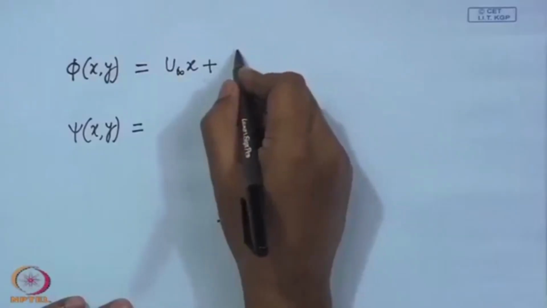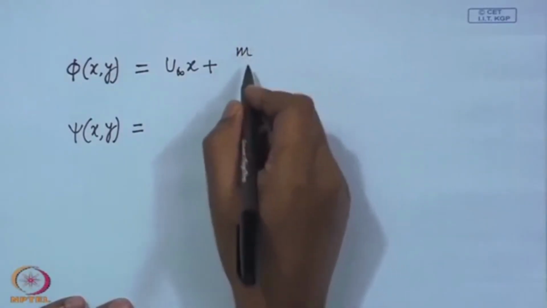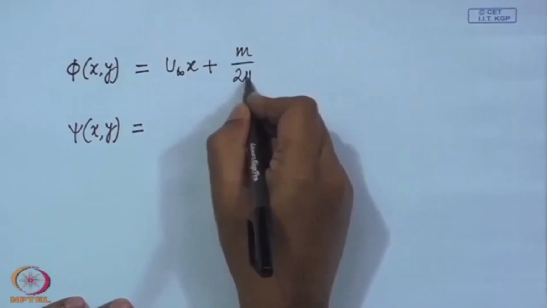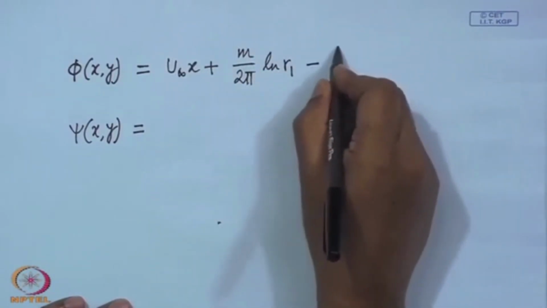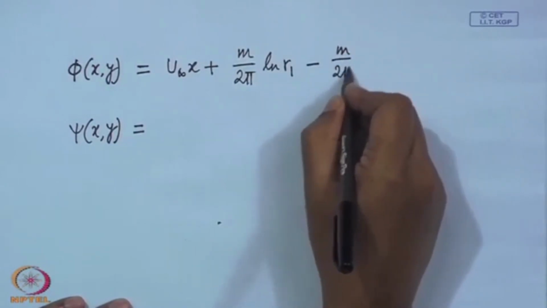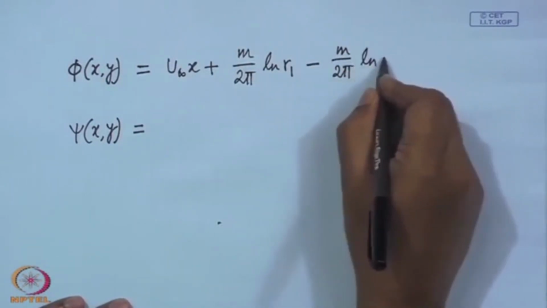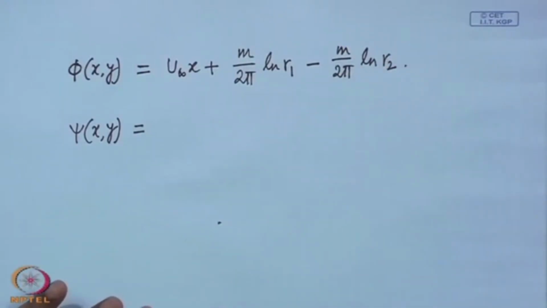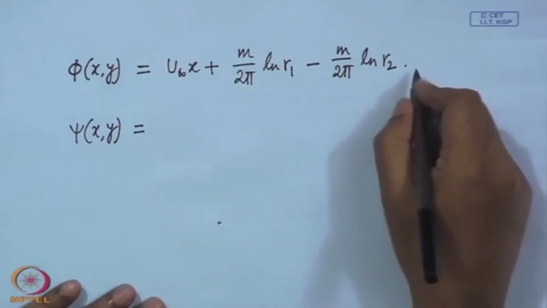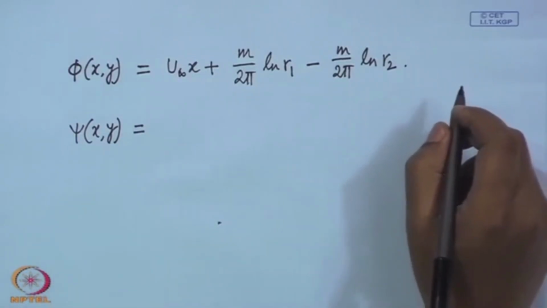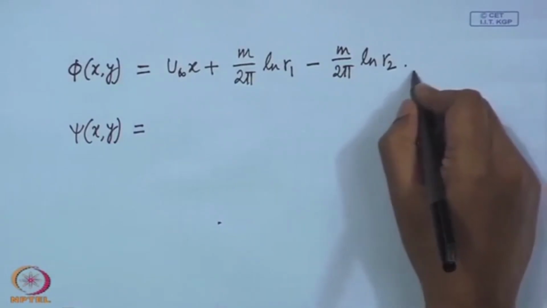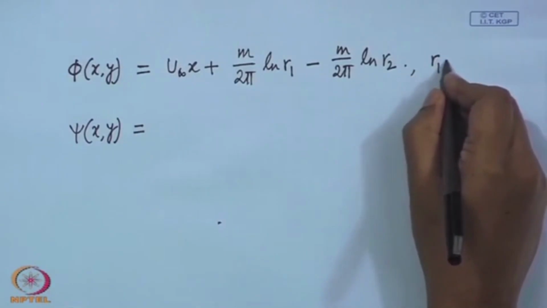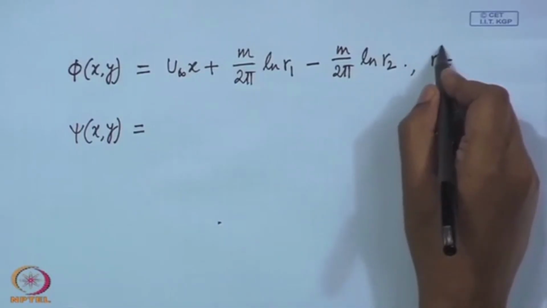So, write it now in this fashion, m by 2 pi say log r 1 and the other one is m by 2 pi log r 2. What is r 1? Can you tell what is r 1 or r 1 square?